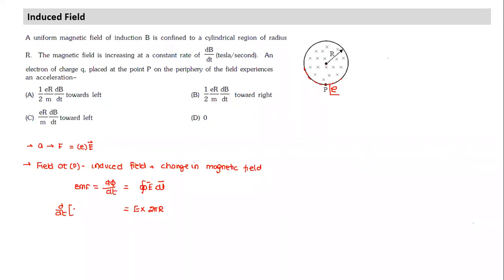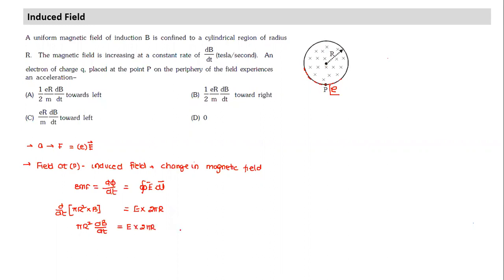Pi r square. And the angle between the field and the area vector is 0, so the cos theta term is 1. So directly I can write B into A, which is equal to pi r square into B. The area is not changing, so it is pi r square into dB by dt. And that gives me the value of E.